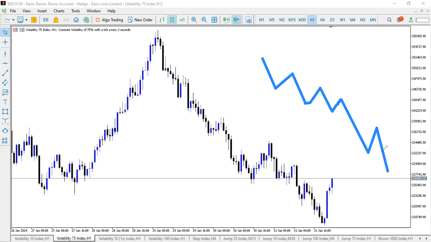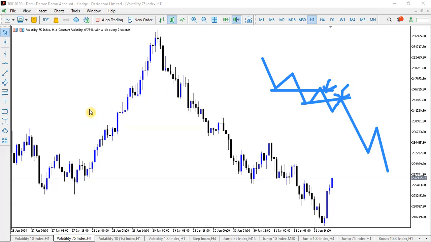It gives you entries. So the key thing is finding structure of the market on the smaller time frame so that you can get your entries at this point. Breakout retest to get your entries.